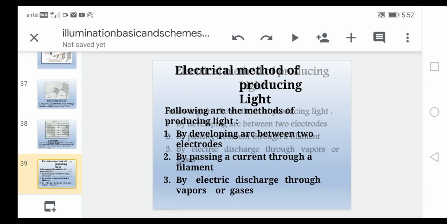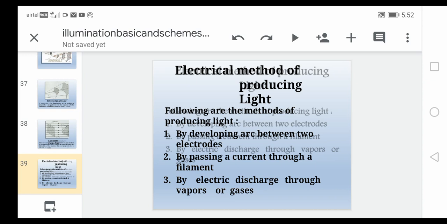How do you produce light by using electrical methods? The following are the methods of producing light. First, by developing an arc between two electrodes. Second, by passing a current through a filament. Third, by electric discharge through vapor or gases.